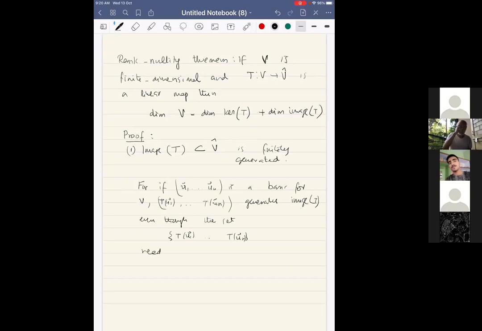I'm not claiming that the image is linearly independent, but it will generate the image.